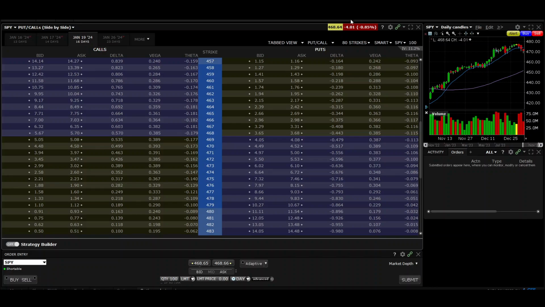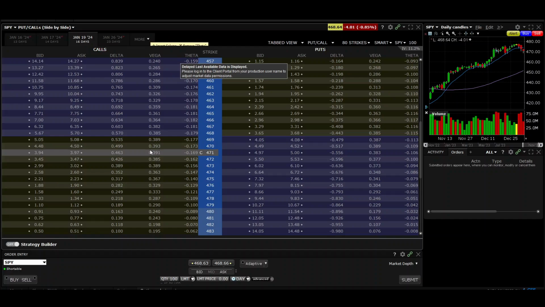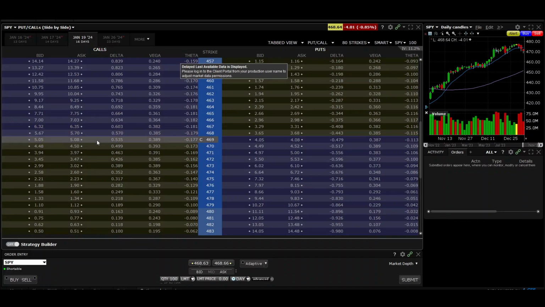So moving on to theta over here, it represents the rate at which the option depreciates as time passes, and this is why it is also known as time decay. Delta, Vega, and theta are three of the most important Greeks, which I recommend studying carefully if you plan on trading options.